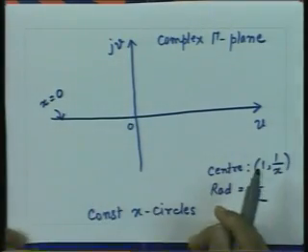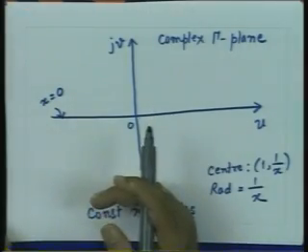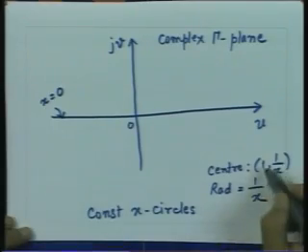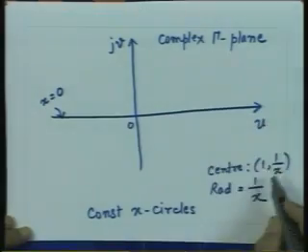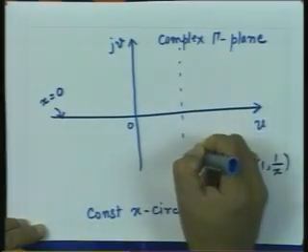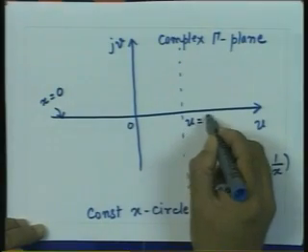Now, consider there are two types of reactances, the positive reactance, which is inductive, or the negative reactance, which is capacitive. Let us say first I take the inductive reactances, that means x is positive. So, as x becomes larger, the center, which lies on 1 comma 1 plus x, always lies on the line u is equal to 1.